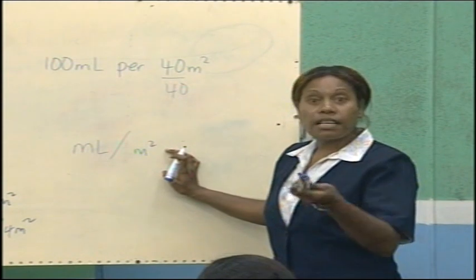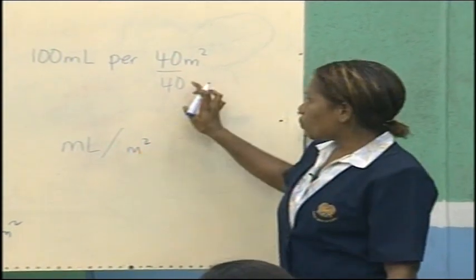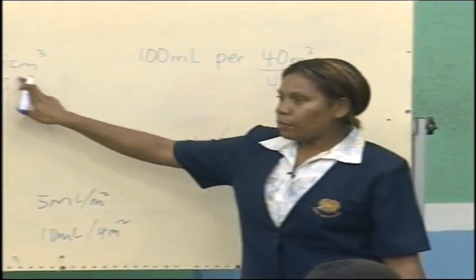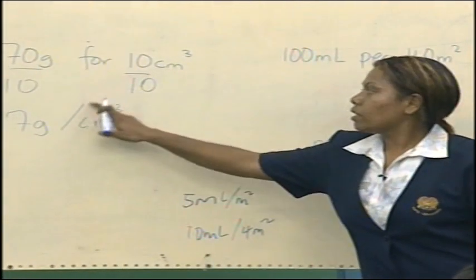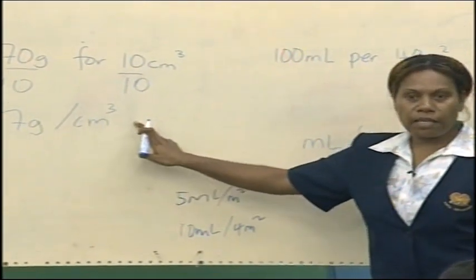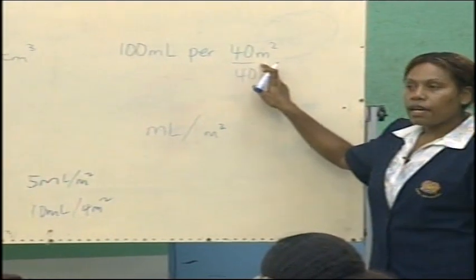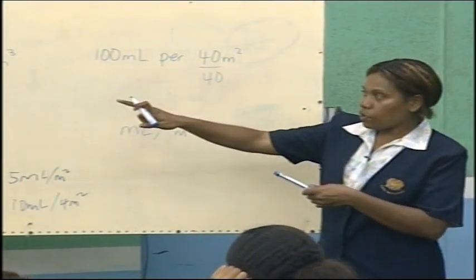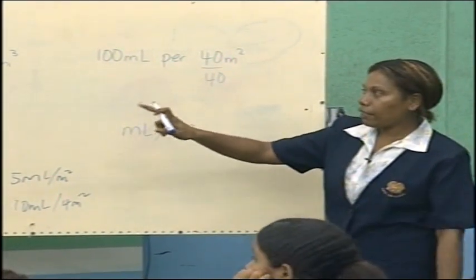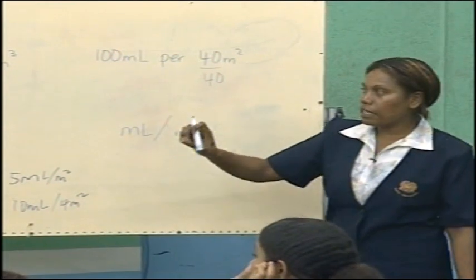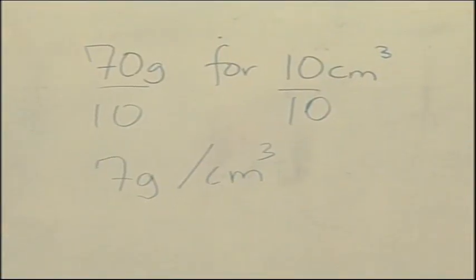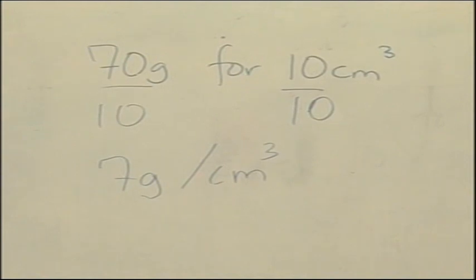Receiving students, just like what we did here, we have to come up with 1 cubic centimeter. Okay, so here, that's what the question is asking. Find the recommended application rate in milliliters per square meter. That's why we have this sign here, per.